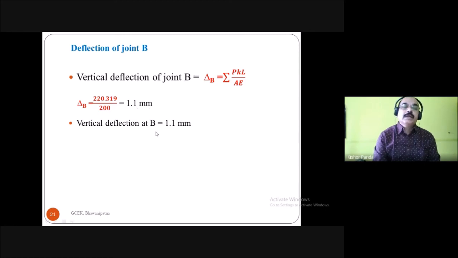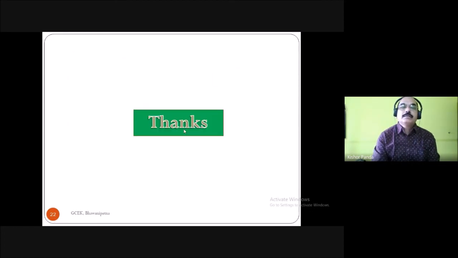So the vertical deflection of the truss at point B is 1.1 millimeter. Using these steps, you can find the vertical deflection of a pin jointed plane truss. Now it is clear how to find the deflection in a pin jointed plane truss.